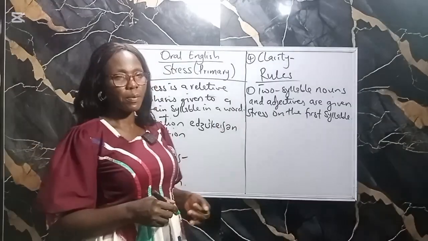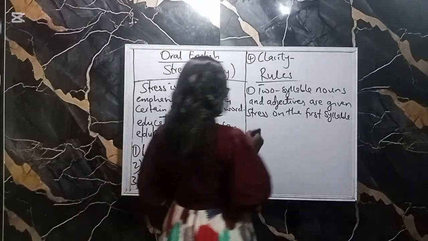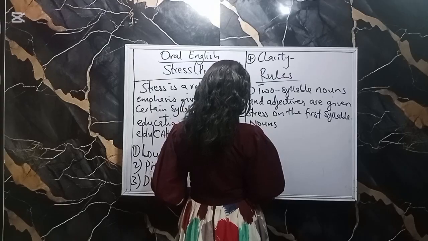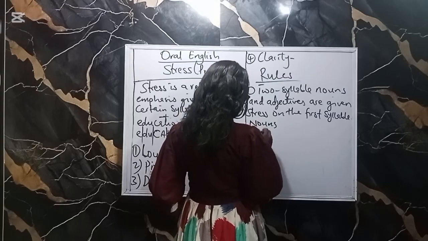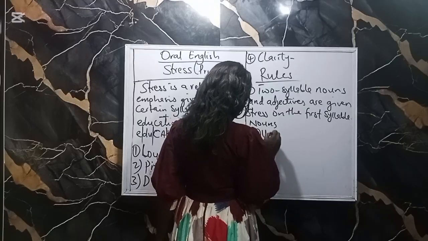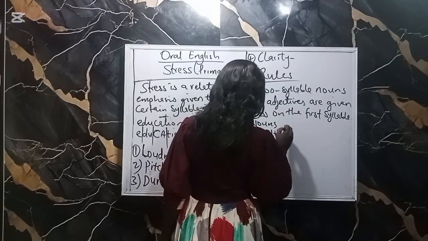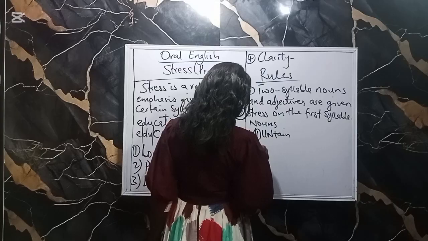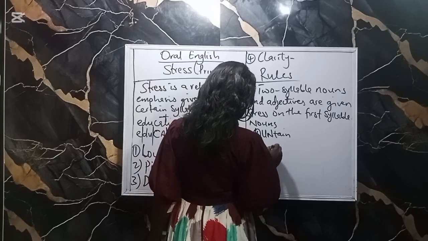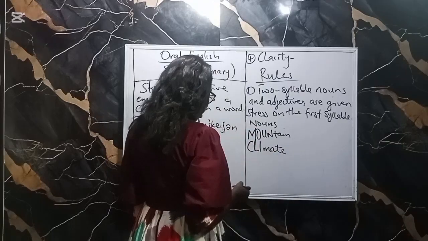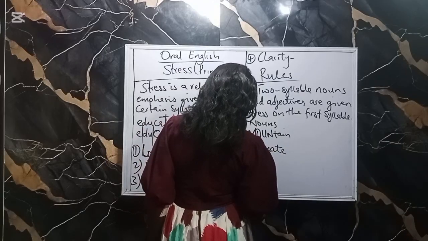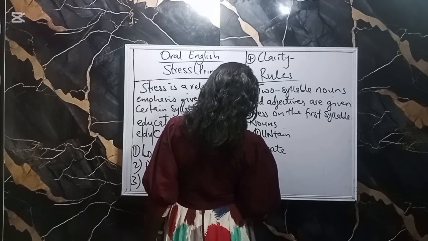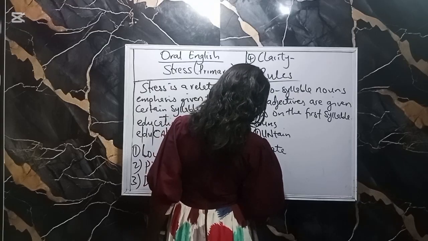Now let's give examples. We'll start with nouns. Let's use the word mountain. Mountain. Then we also have climate. We also have maybe something like window.